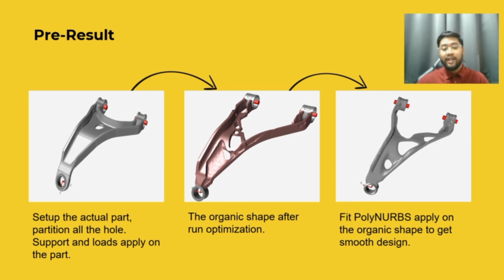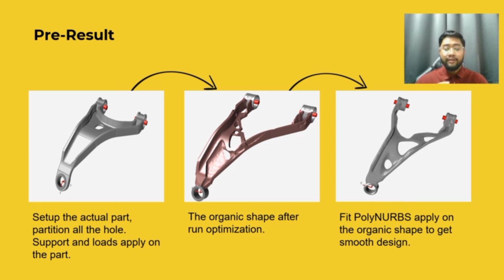So we jump to the last part, which is the pre-result part. The first picture is the CAD model that I imported into Altair Inspire. For the first step, I set up the actual part by making a partition at all the holes. After that, supports and loads are applied on the part before I run the optimization process.